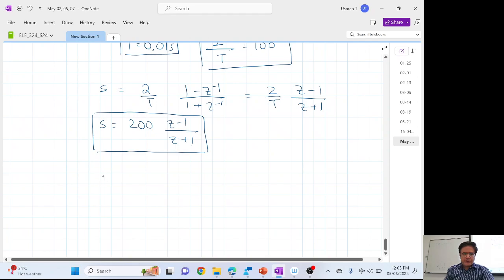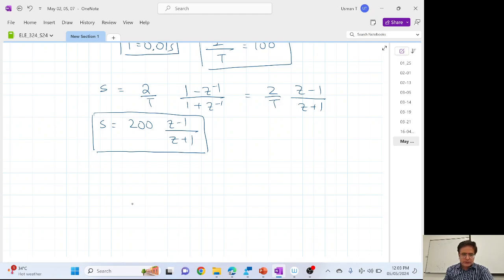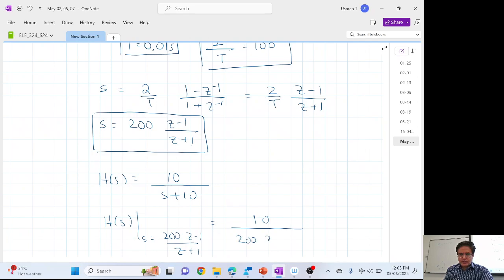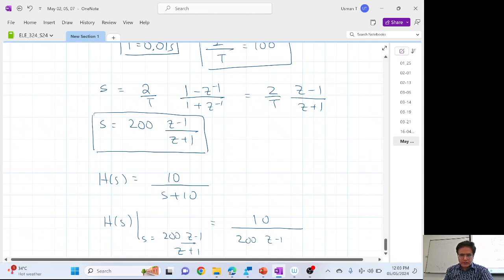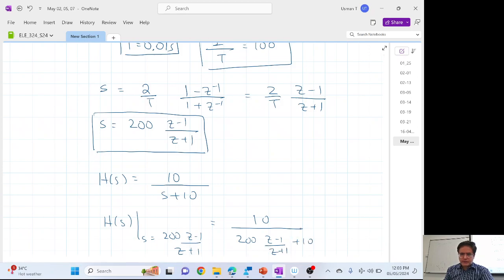When I do that, in my example I had H(s) equals 10 over s plus 10. So H(s), with s replaced by 200 times (z minus 1) over (z plus 1), equals 10 over 200 times (z minus 1) over (z plus 1), plus 10.